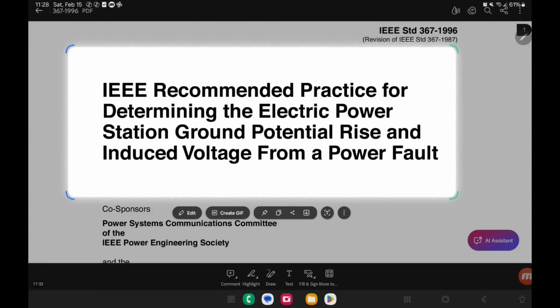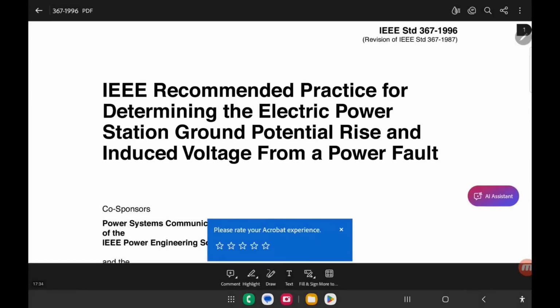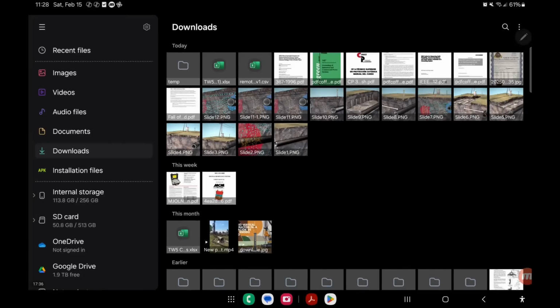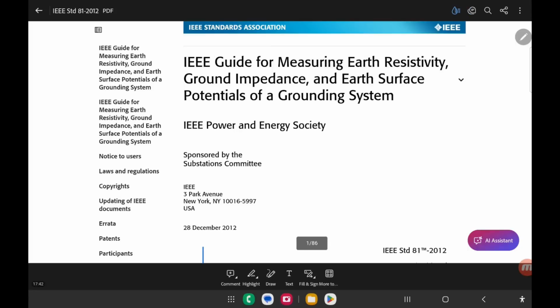Sorry, this is not the standard I wanted to show you. I think it's this one here. This one here. Why would I invent? I mean, IEEE International tells you how to do it.